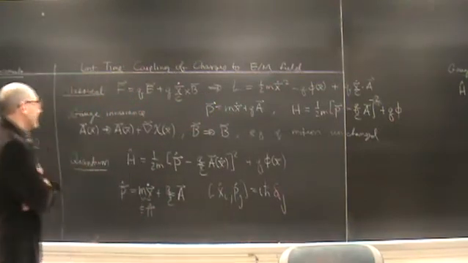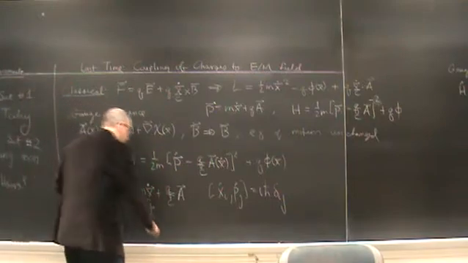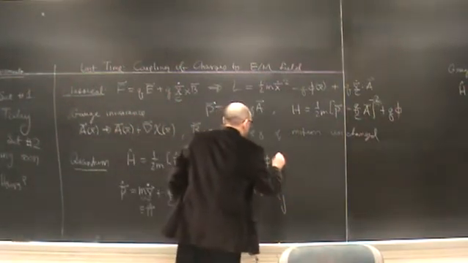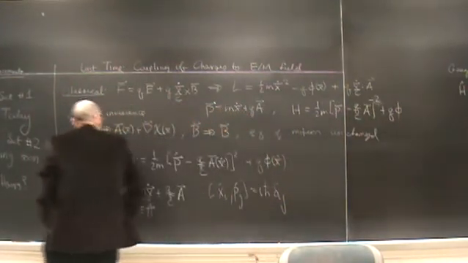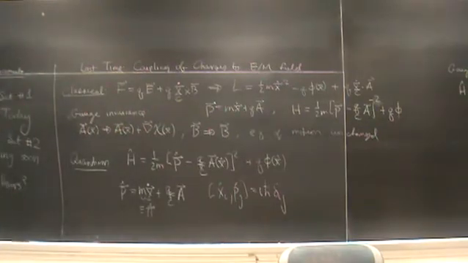And so this is our Hamiltonian for a charge, mass m, moving in an electromagnetic field. One of the things that's very tricky about this is that the canonical momentum is no longer just mv. It's mv plus a term that depends on the vector potential at the position.